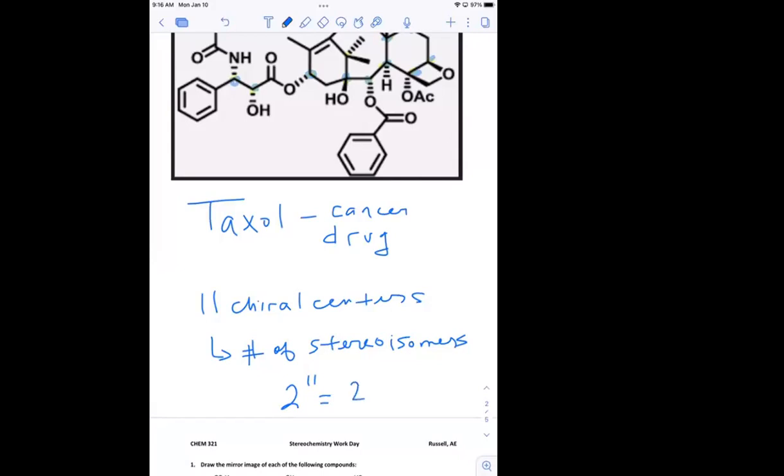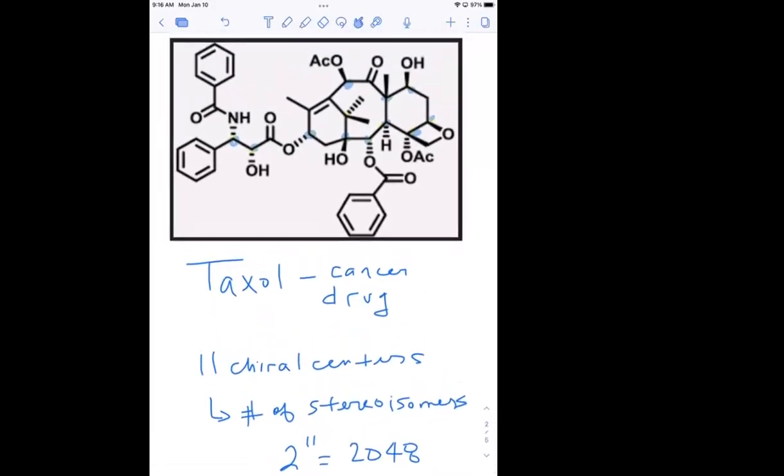Say that again. 2048. Okay, great. I agree. All right, so you have a possibility of 2048 stereoisomers, and that's a combination of enantiomers as well as diastereomers, right?